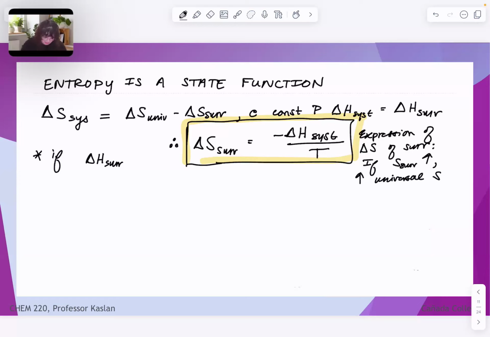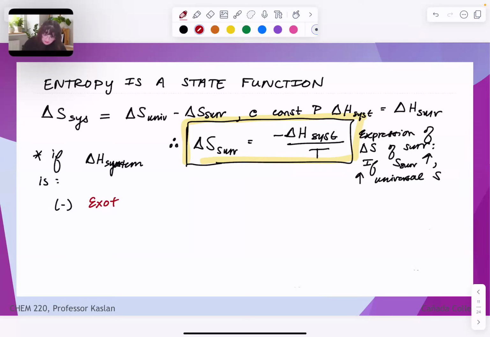So let's talk about this relationship in signs. If the change in enthalpy of the system is, and let's fill this in, negative, this is where we are exothermic. So heat flows from the system to the surroundings.